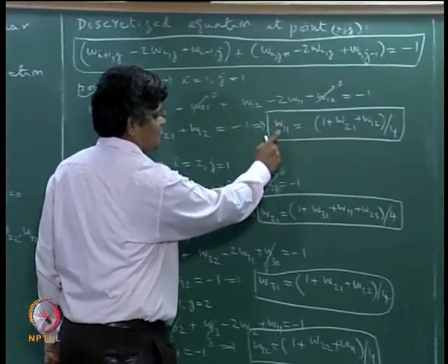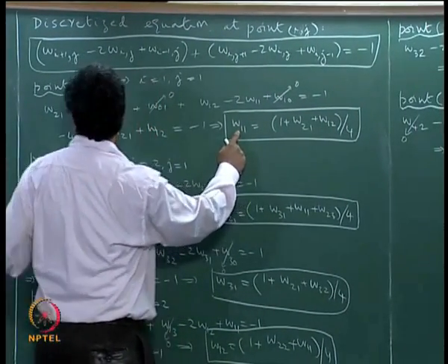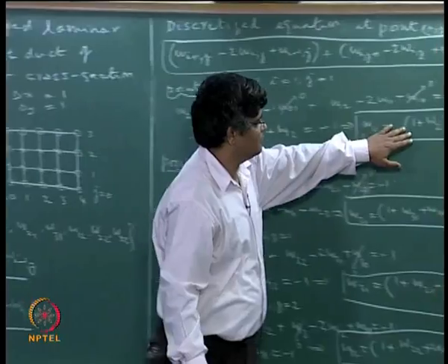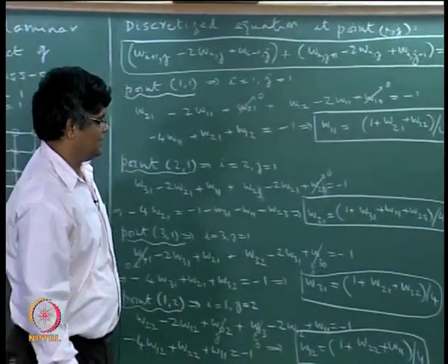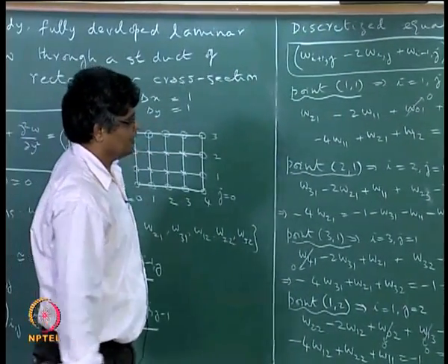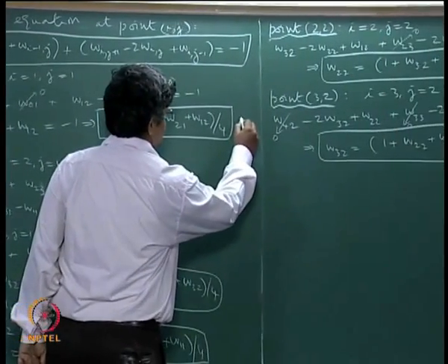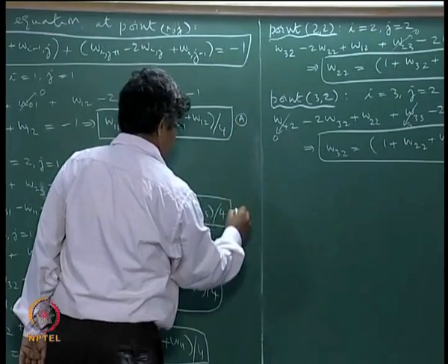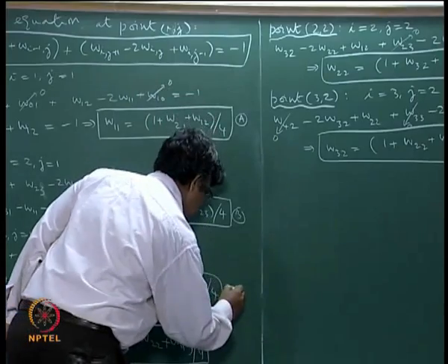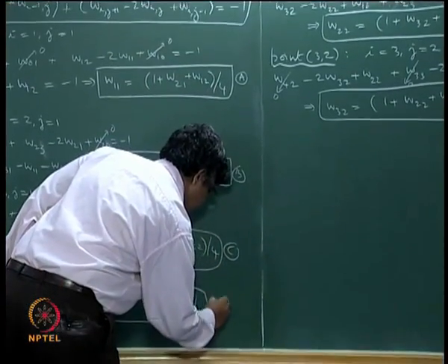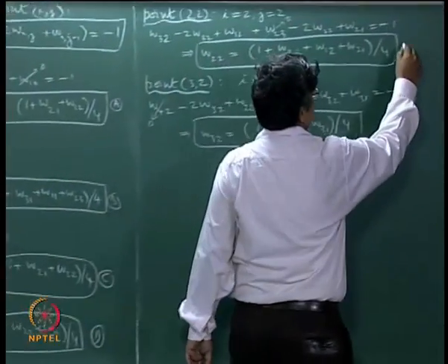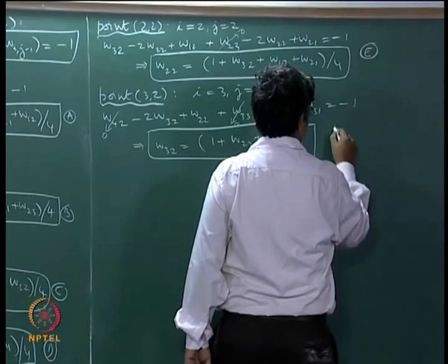We are expressing the value at W11 here in terms of these points, these expressions like this. So we find that there are 6 equations, A, B, C, D, E and F.